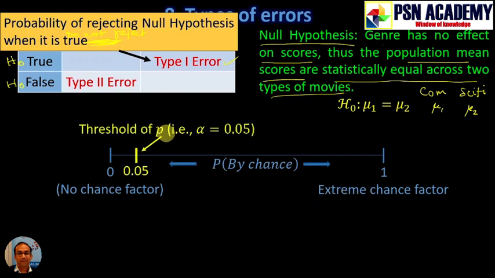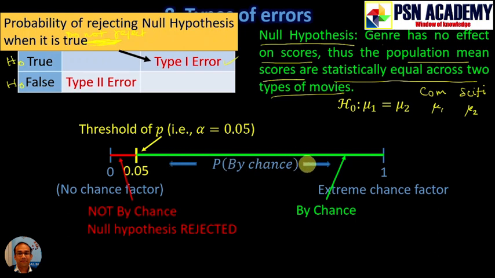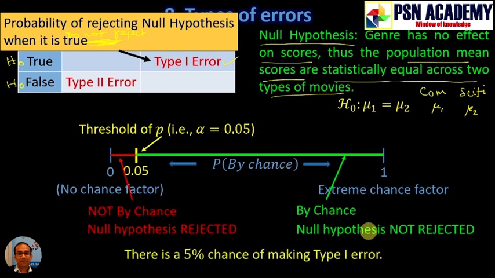And likewise, we have this threshold of P, for example, 0.05. So this is not by chance, as we have seen before. So you reject the null hypothesis. And if your P value falls here, that means you have got it by chance, it has nothing to do with the population, so you do not reject the null hypothesis.